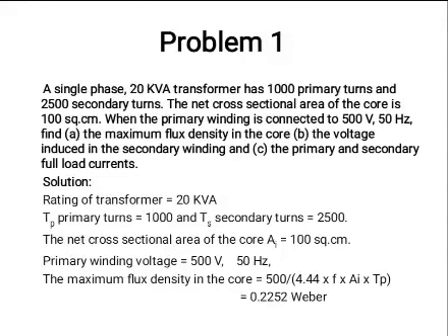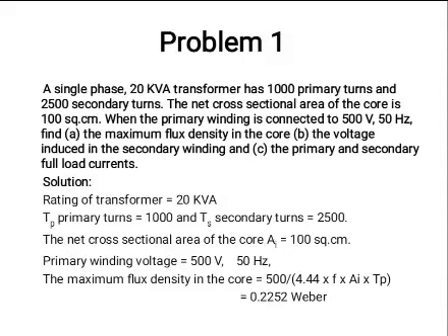The maximum flux density in the core can be calculated from the voltage divided by 4.44 f Ai into Tp. Ai is the area of cross section. If Bm is equal to phi m by A, then phi m is taken and the EMF equation is converted into this equation.